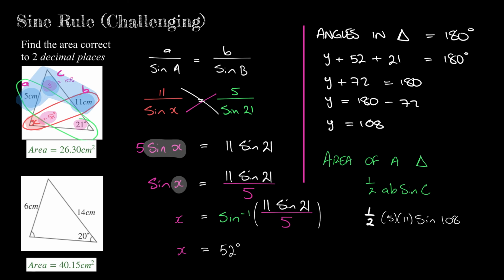Multiply that by 5. Multiply that by 11. And multiply that by sine 108. Close your brackets and press equals. And you can see there the answer is 26.154 and so on. They asked us to give it to 2 decimal places, so we'll do that.